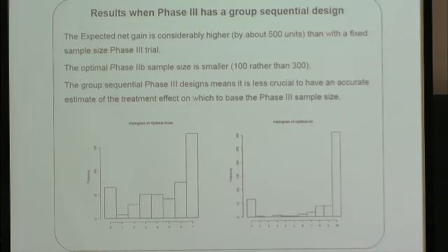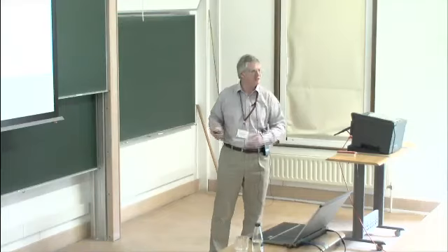I think what's happening is there are situations where we recognize the uncertainty about the treatment effect, and we say the way to deal with that is by being group sequential. We have a big sample size, so if it's a fairly small effect, we'll have the power to detect it. If the effect is bigger, we'll stop early. And if the effect isn't there at all, we'll stop early for futility. So it's common sense, but I think it's being seen very clearly in this setup.